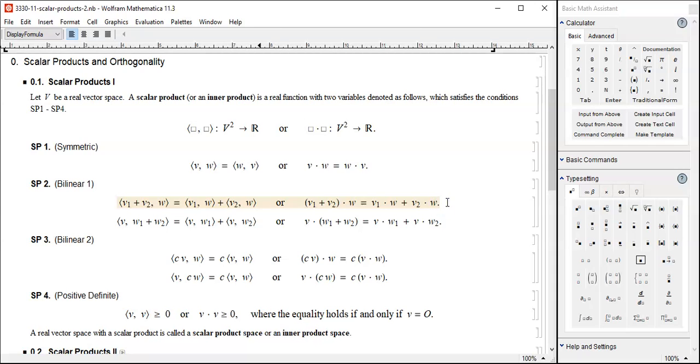We can separate the addition, like this, and we can separate the scalar multiplication, like this. Now this and that are for the vector v, the first vector, and this and that are for the second vector, vector w. However, what's the difference between v and w? Well, there's none. They're the same because of the symmetry.